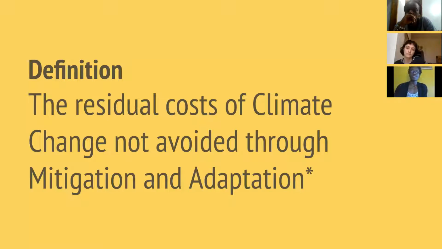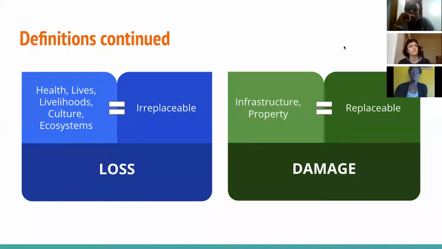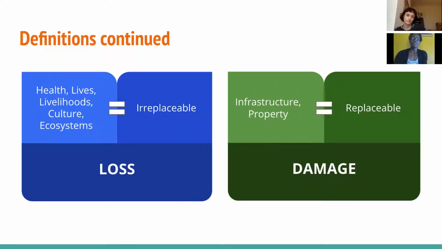Loss refers to those irreplaceable effects to health, lives, livelihoods. And so some of that was mentioned in the chat. There's also damage, which are replaceable, to physical infrastructure or property.